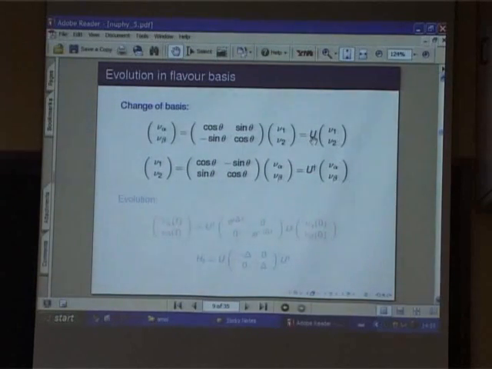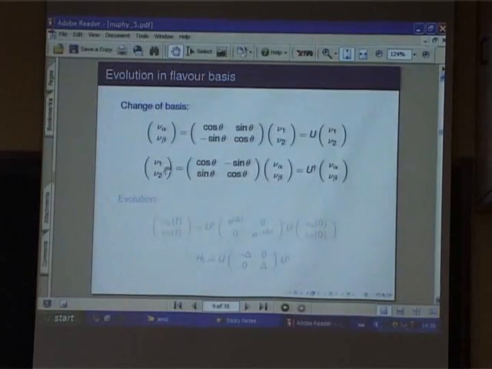U stands for unitary because it's a unitary matrix. So I say that nu alpha, nu beta is U times nu1, nu2. And U will always be given by this. Then I want to go the other way around. I want to write down my mass eigenstates in terms of flavor eigenstates.